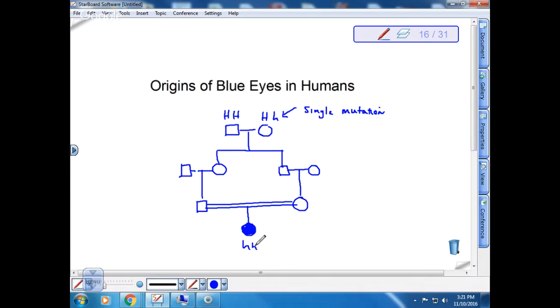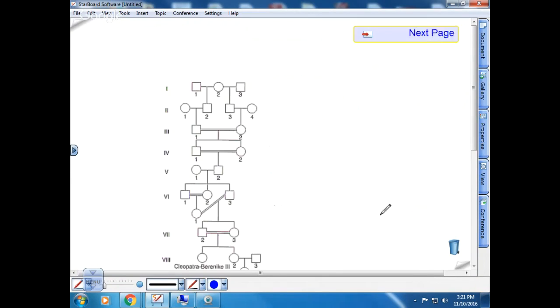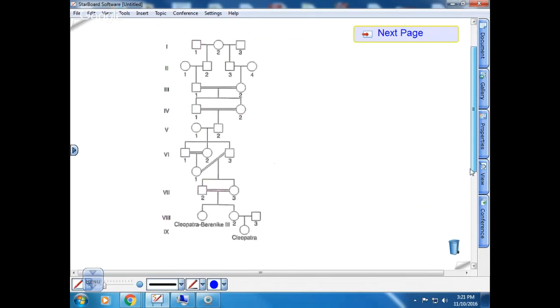Okay. This in humans is called consanguinity. Right? This is the coming together of blood. Right? Consanguinity. And so if we look at some examples of consanguinity, right?